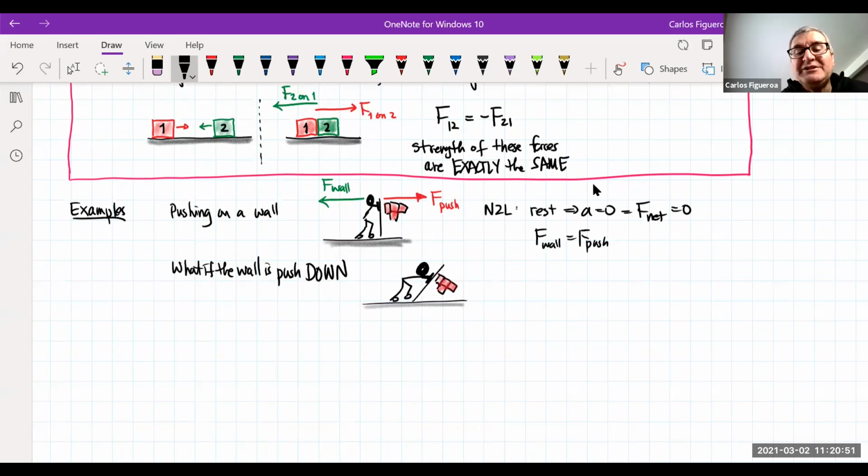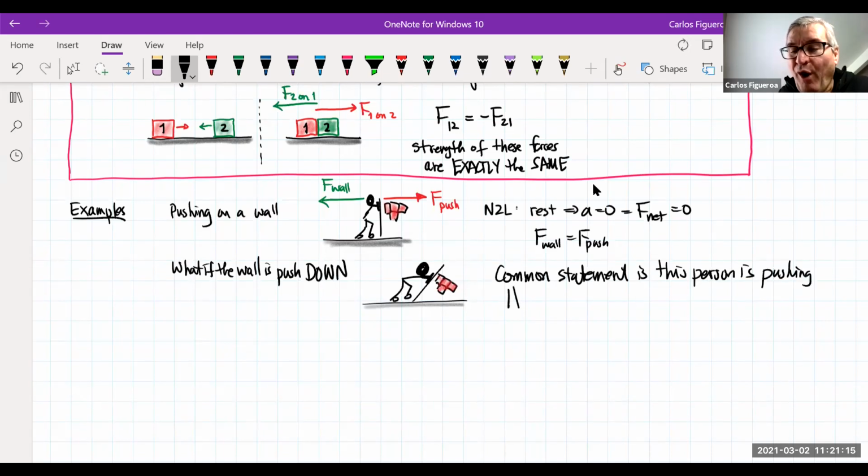So what's a common statement? The common statement is that, right? A common statement is this person is pushing harder than the wall, right?